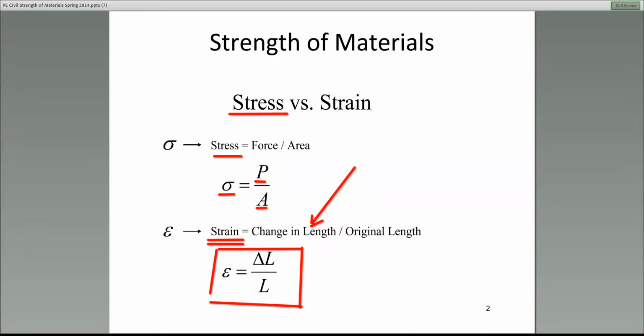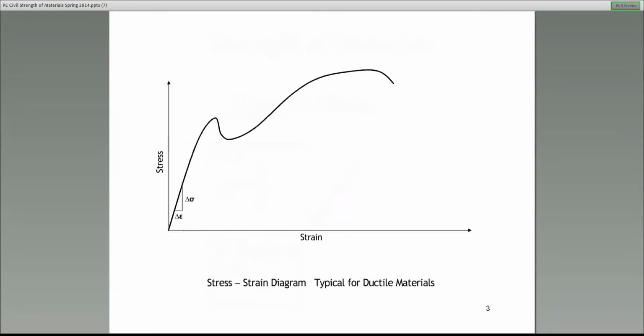The amount that it is extended, that would be the change in length, or delta L, and you take that divided by the original length, and that would give you strain. The common mistake is that some people, when they talk about strain, just think it is change in length. It is not. Strain is change in length, always divided by the original length. Please make sure that you remember that.